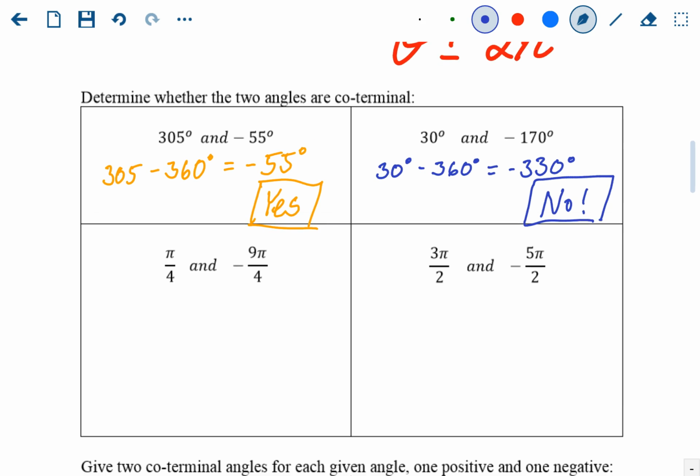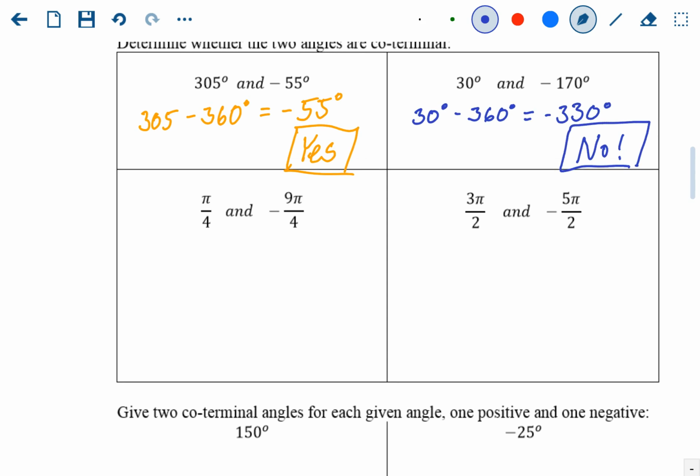All right, and then same with the radians. Now, like I said, you have to have a little bit of number sense when you're doing the radians. I have 1 pi over 4. Since the angle I'm checking is lower, I'm going to be subtracting 2 pi.